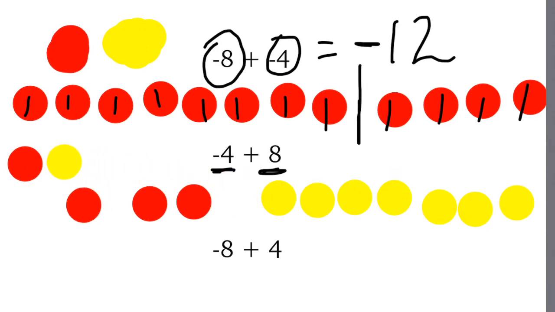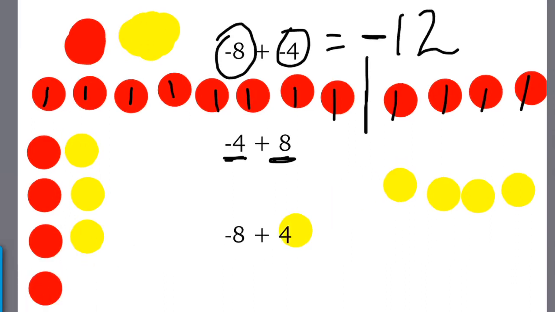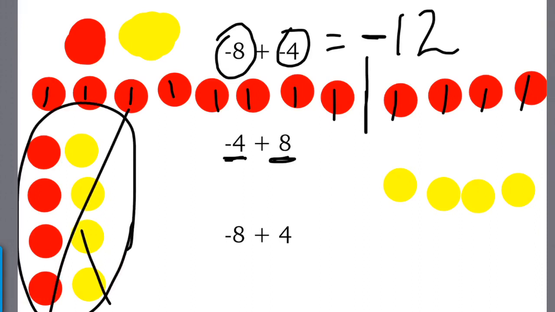So this is 1 0 pair. This is another 0 pair. Here's a 0 pair. And here's a 0 pair. So all of these become zeros. That means they're not worth anything, so they're not part of my final solution.